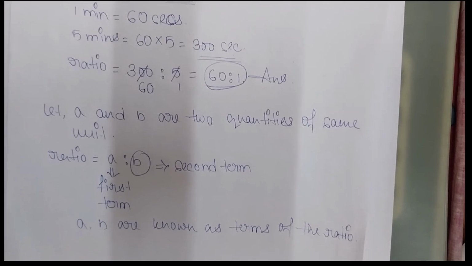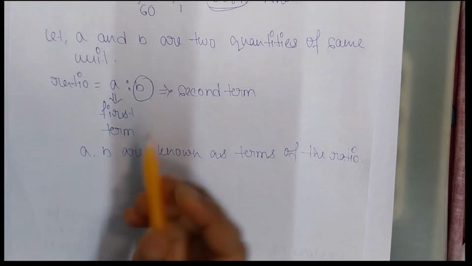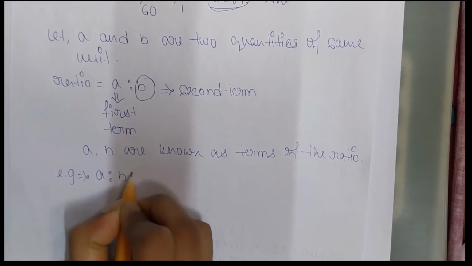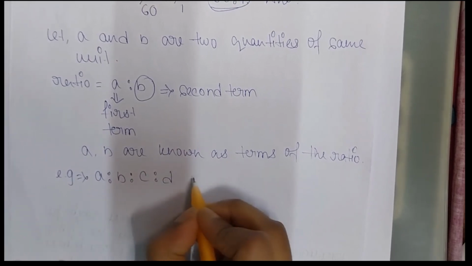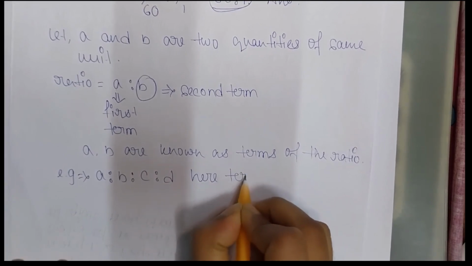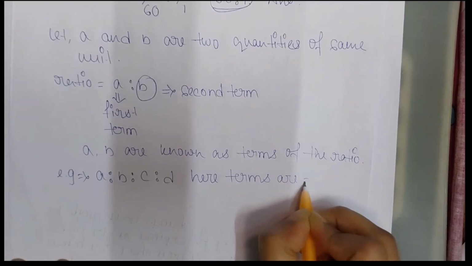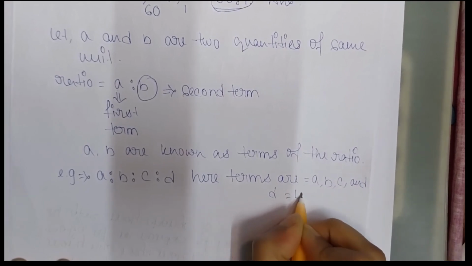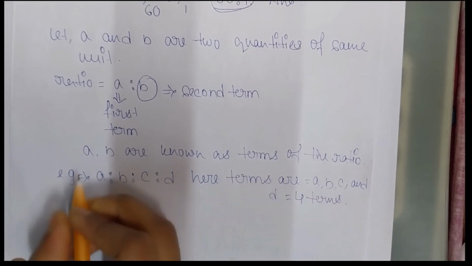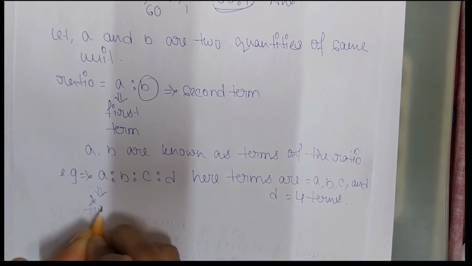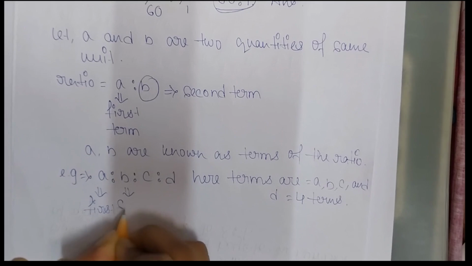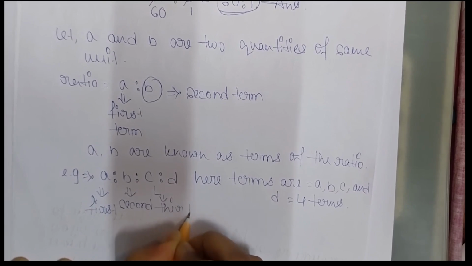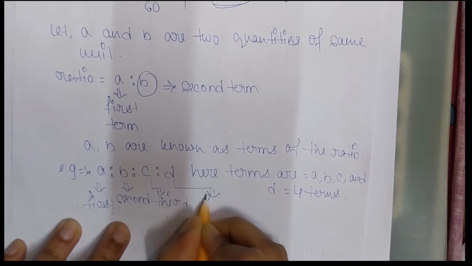So this is the basic terminology regarding the ratio. In this case it has two terms, but for example, A:B:C:D, here the terms are A, B, C and D, equal to 4 terms, and A is called the first term, B is the second term, C is the third, and D the fourth.